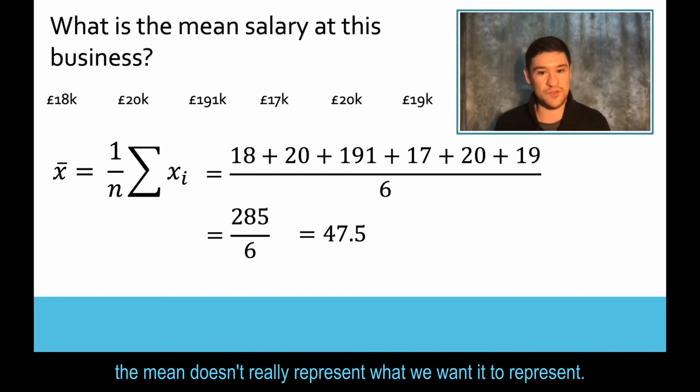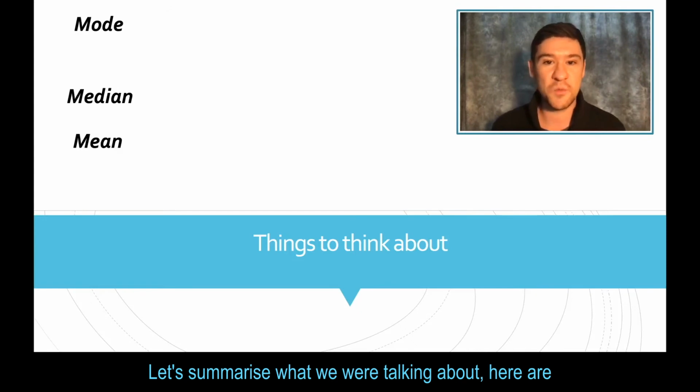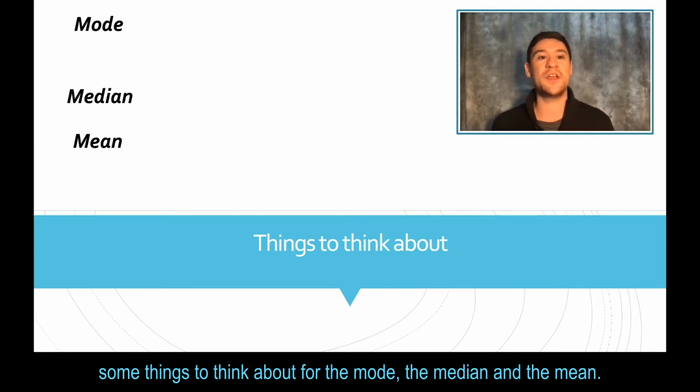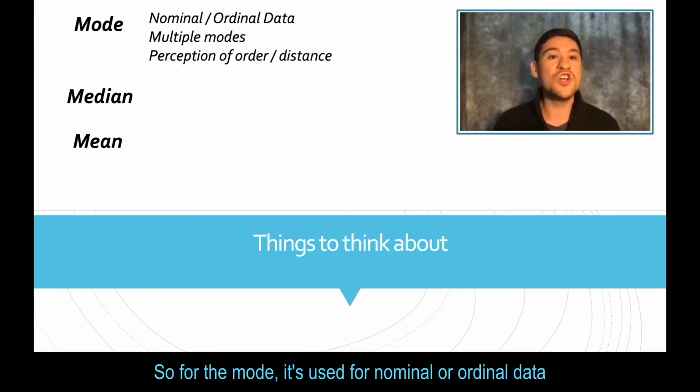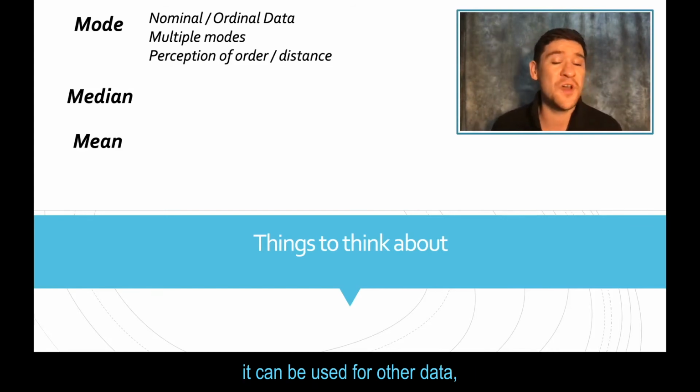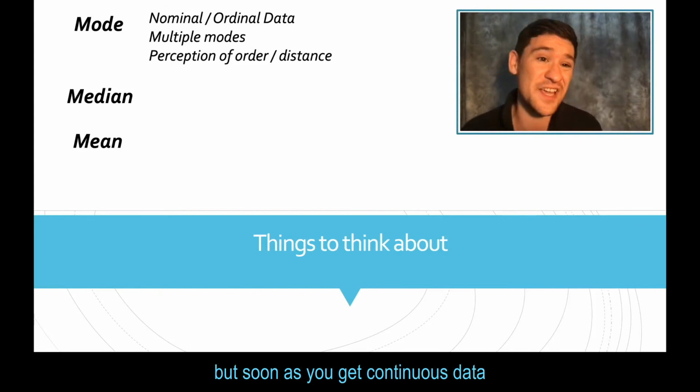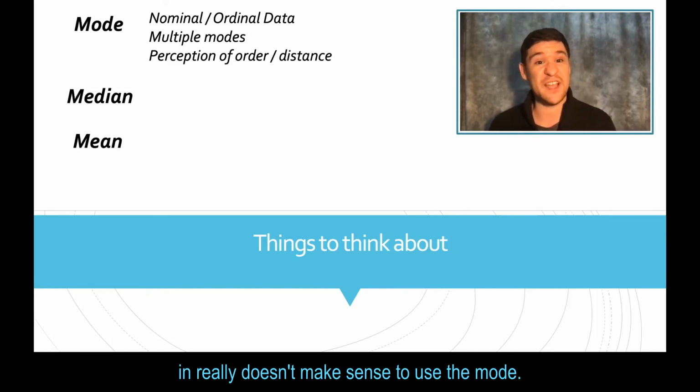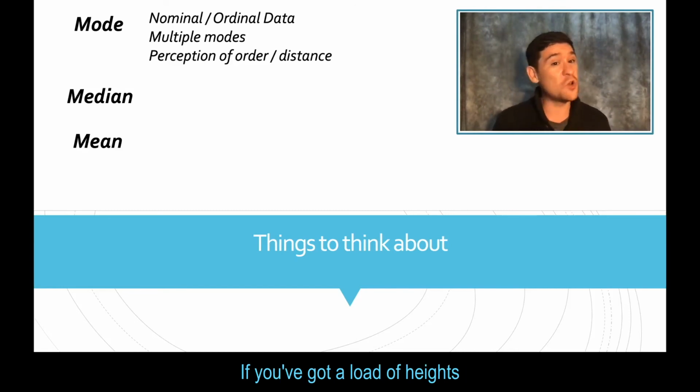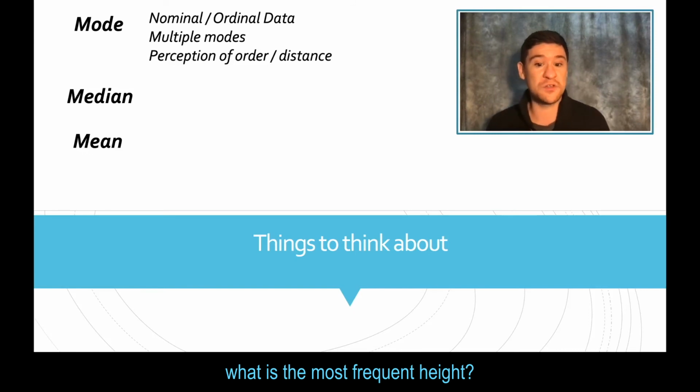Let's summarise what we were talking about. Here are some things to think about for the mode, the median and the mean. So for the mode, it's used for nominal or ordinal data. It can be used for other data, but as soon as you get continuous data, it really doesn't make sense to use the mode. If you've got a load of heights, what is the most frequent height?